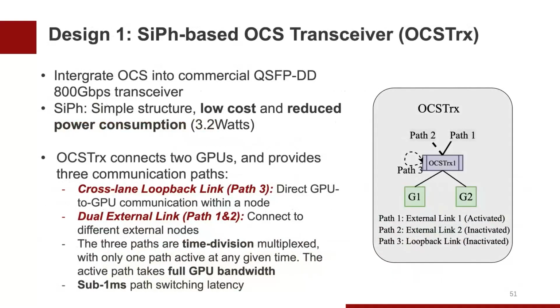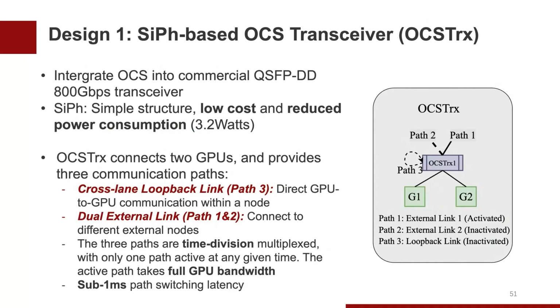Here I will show our three key designs. The first design is a silicon-photonics-based OCS transceiver, which is a new hardware design. We call it OCSTrx. The basic idea is that we leverage the OCS and integrate it into a commercial transceiver.